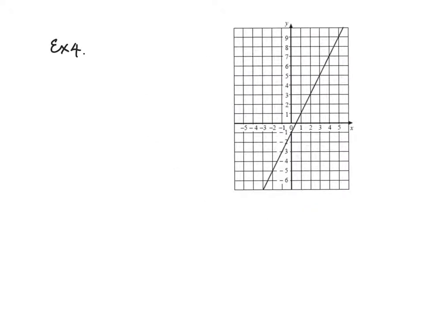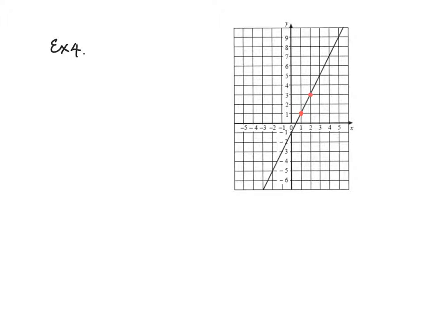Example 4, what we have is a diagram. We want to work out the equation, not the equation of the line, but the gradient of the line. So what we have to do, there are different ways of doing this. If you look at the diagram very carefully, you'll see that the line passes through this point here and this point here.